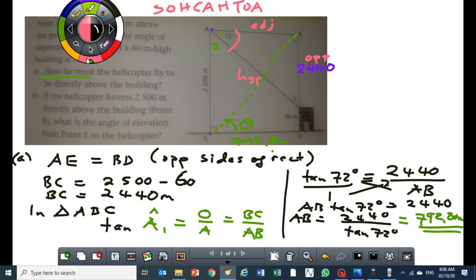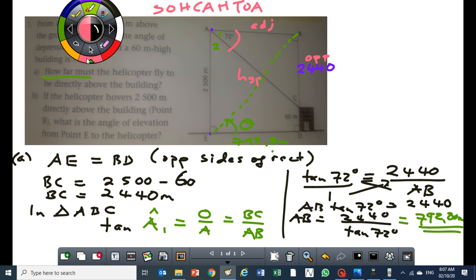Which one is our angle of elevation? The angle of elevation is the angle between the horizontal plane, which in this case is ED, and the line of sight to the helicopter. So that line of sight is going to be this line here, up to B. So our angle of elevation is that.